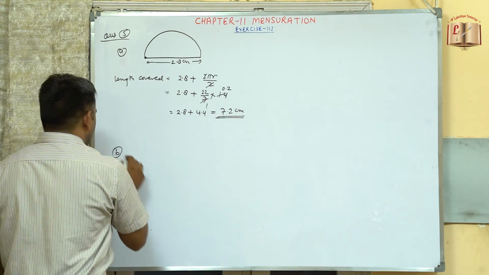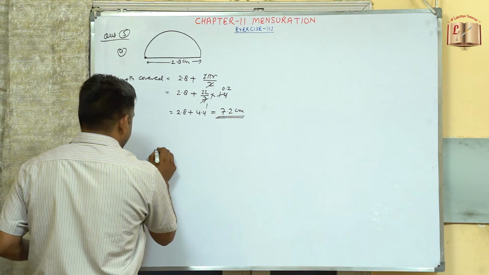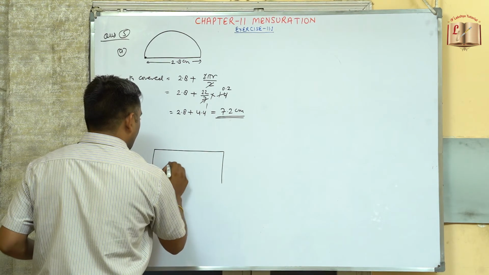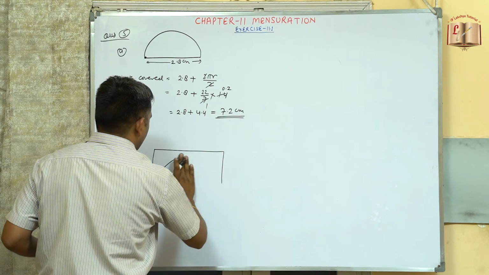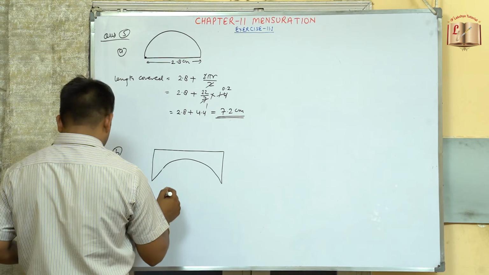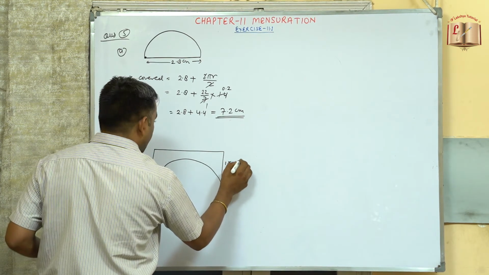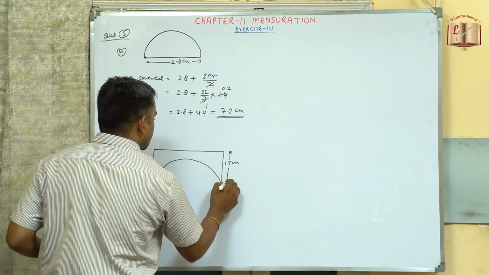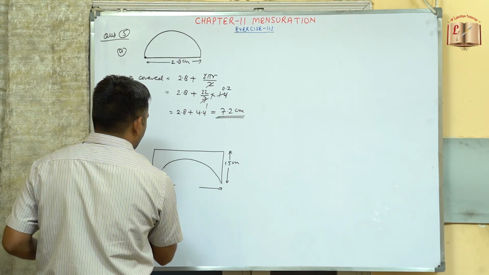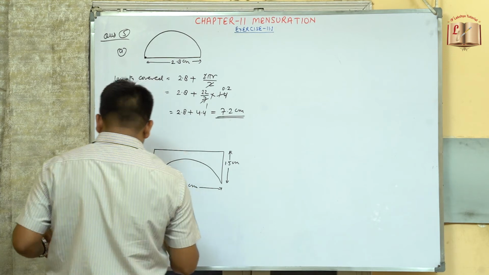Now coming to part B. This distance is given as 1.5 centimeters, and this complete length is given to us as 2.8 centimeters.